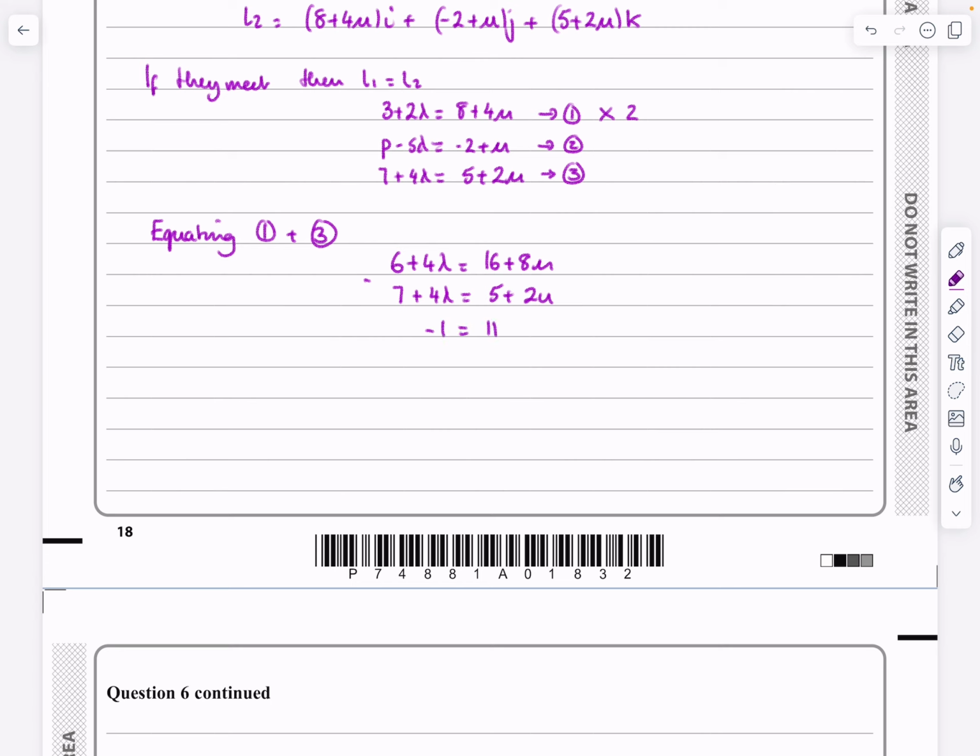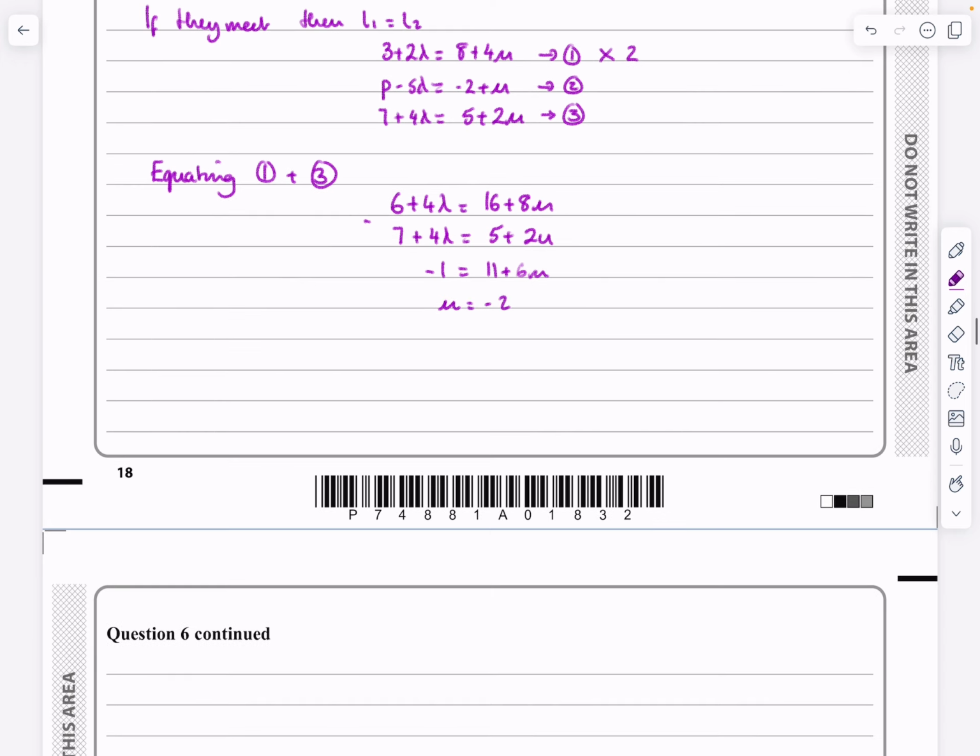You should be able to do that. That's going to give me that mu works out to be equal to minus 2. If mu is equal to minus 2, then using the top one, 6 plus 4 lambda is equal to 16 plus 8 lots of minus 2 there. Then rearranging that, lambda works out to be equal to minus 3 over 2.